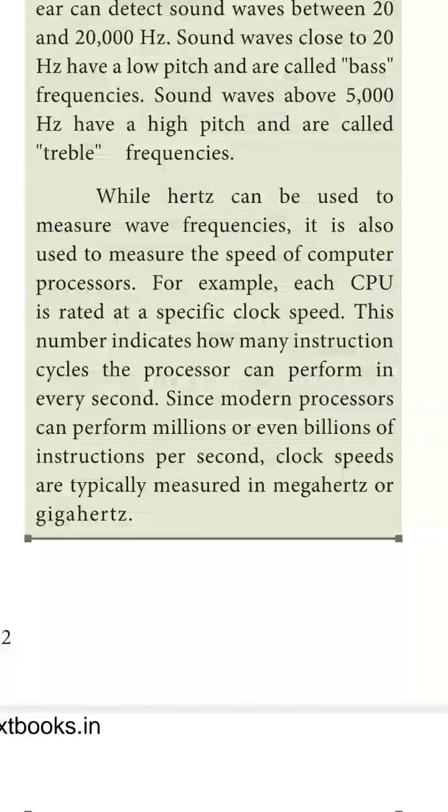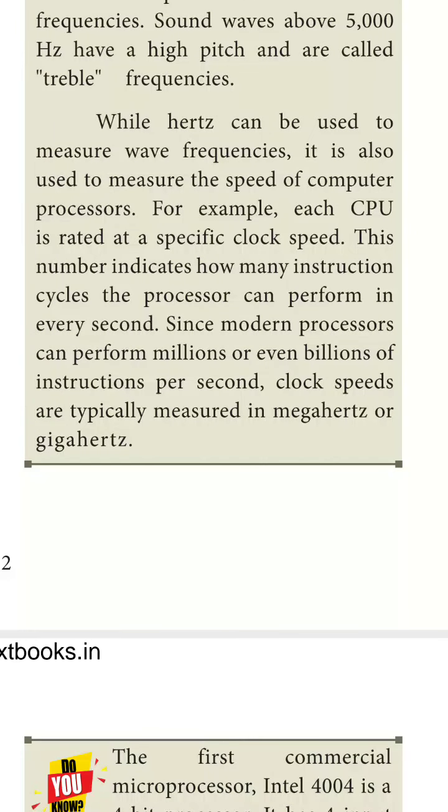Since modern processors can perform millions and even billions of instructions per second, clock pulses are typically measured in megahertz and gigahertz. So in CPUs, as well as voice signals and sound, frequency is measured using hertz. The number of cycles or occurrences per second is known as 1 hertz.